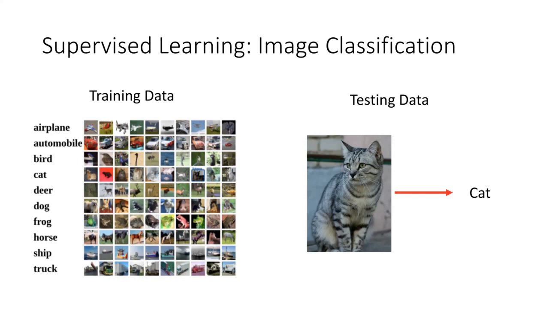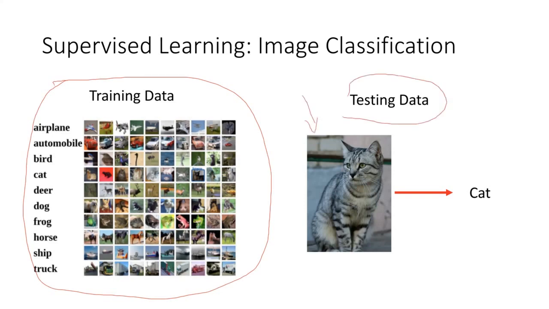You are given a set of training data. This is an example from CIFAR training data. And then you learn a classifier, probably using a neural network. The goal is that if you are given new testing data, like this cat image, you want your classifier to tell what is in that image. In this particular example, that's a cat.